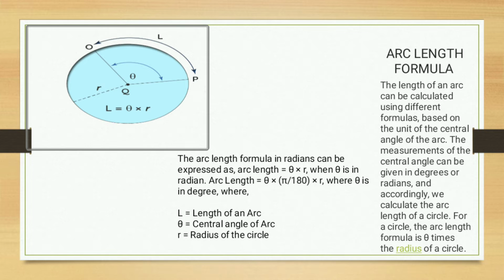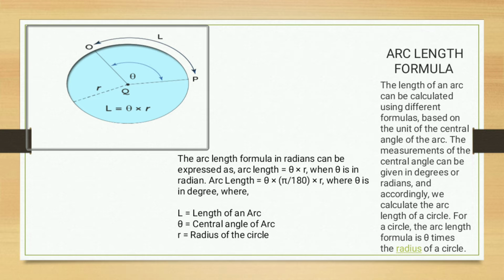For a circle, the arc length formula is θ times the radius of the circle. The arc length formula in radians can be expressed as arc length equals θ times r, when θ is in radians.